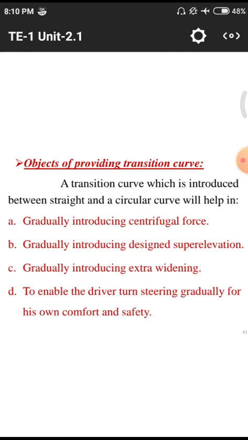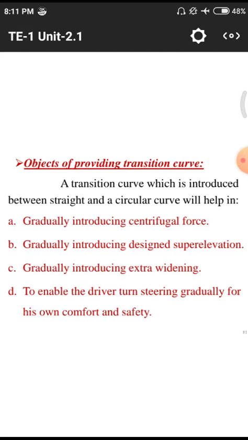Fourth one is to enable the driver to turn the steering gradually for his own comfort and safety. That means the driver has to pay attention while traveling on these radial curves, and first of all the curve should be comfortable and safe for the driver.